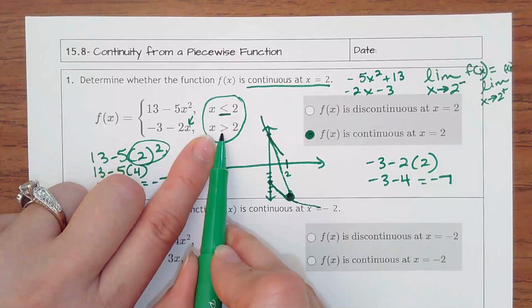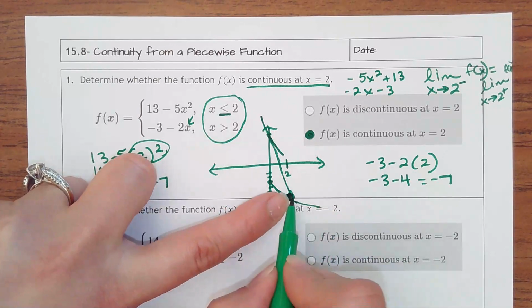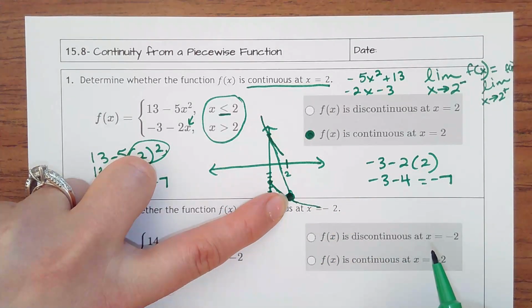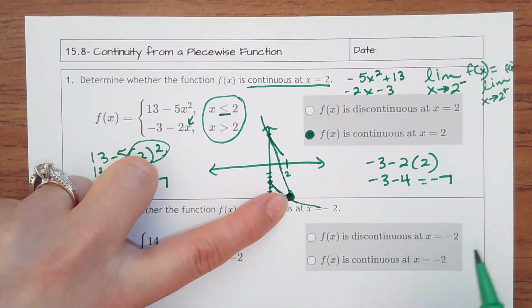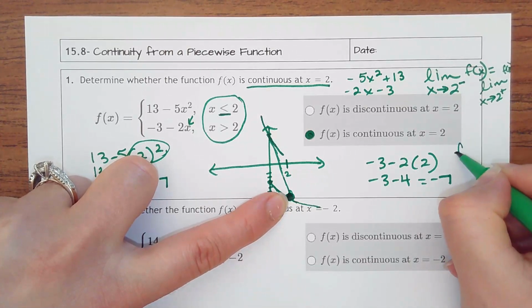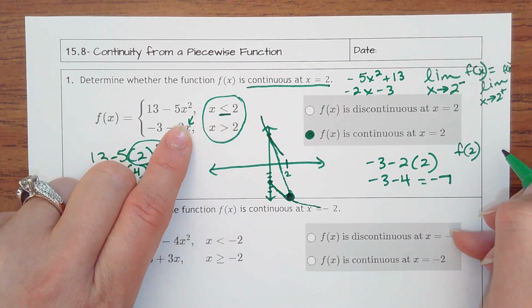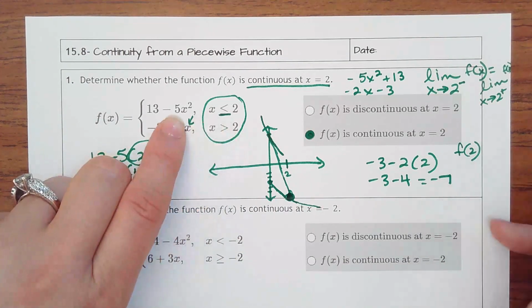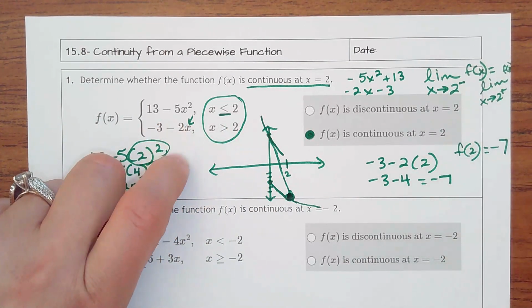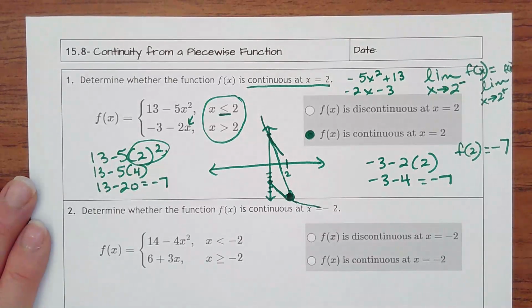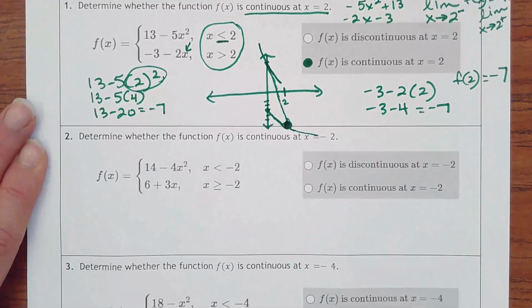And we checked from the right, and we said that this would also approach negative 7. The other thing that you should know is that we need to plug in actually f of 2. Well, that's going to be from the same piece because we've already plugged in 2 here, and we know that it equals negative 7. So everything checks out for our continuity definition.